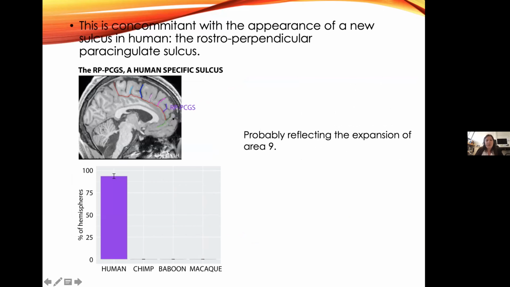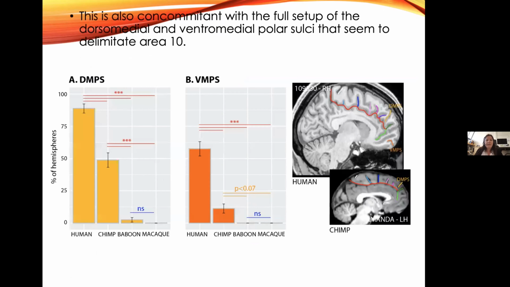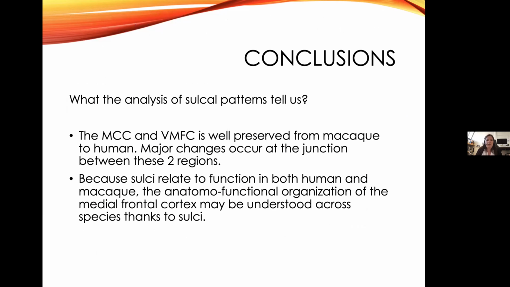And this is concomitant with the appearance of a new sulcus in human, the rostroperpendicular cingulate sulcus, probably reflecting the expansion of area 9. It is also concomitant with a full setup of two sulci here, the dorsomedial polar sulcus and the ventromedial one, that we think delimit area 10. So this setup of the region reflects the expansion of area 9 and the setup of area 10.